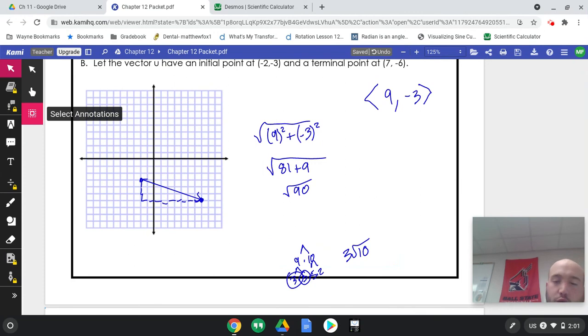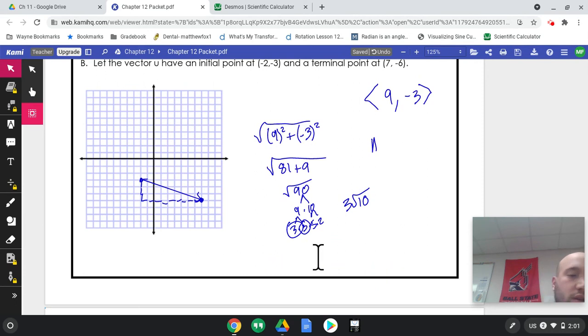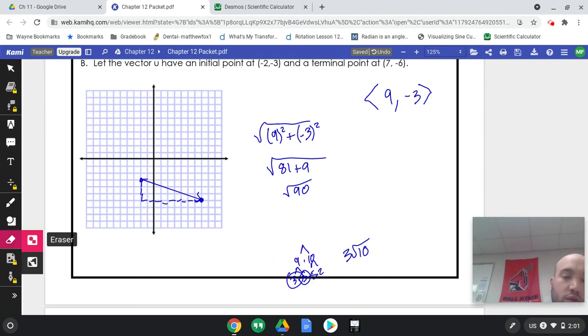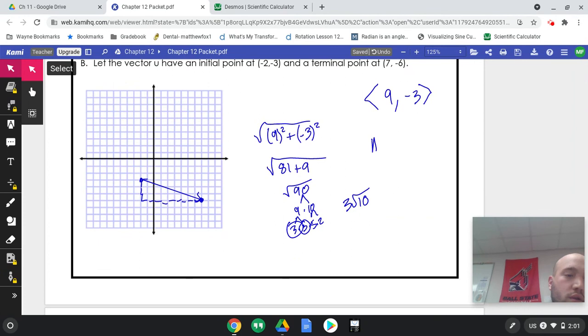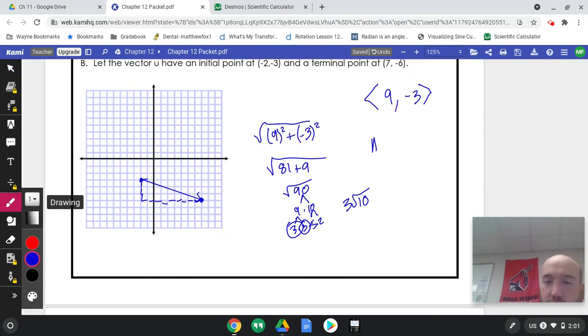Somehow I dragged those down. Let's see. There we go. All right, so u will equal square root of 90 or 3 square root of 10.